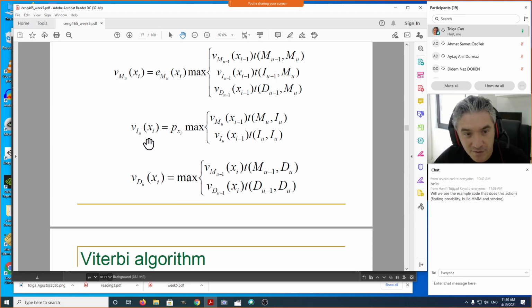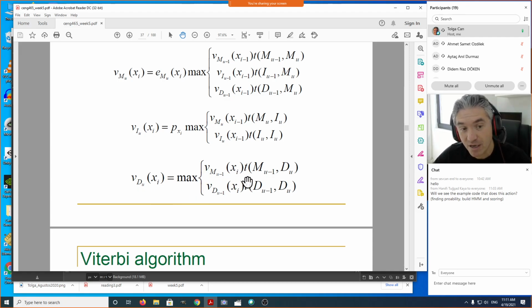Therefore, in the recurrence relations for match and insert states, the observed sequence reduces to x1 to xi minus 1. In the delete state, we still have xi in the recurrence relation because xi should be observed in the previous state, since delete states do not emit any symbols.